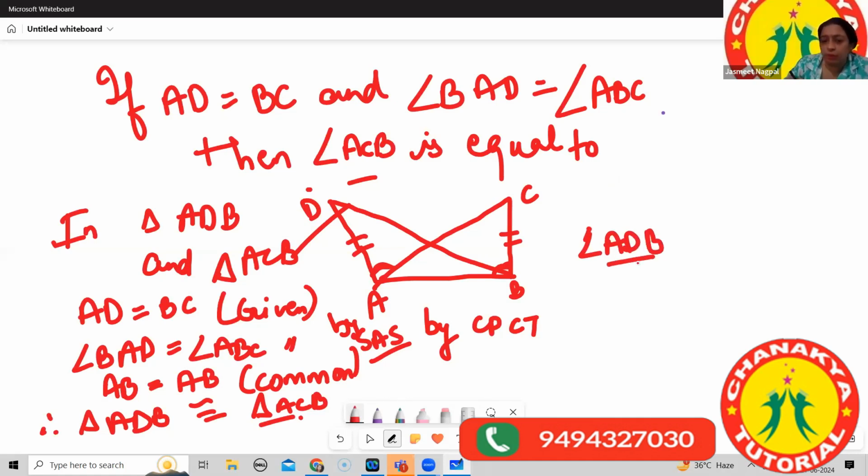So please be careful when you will do the sum of triangles. So you have to write all these steps with reason. Reason is very important, by using reason, by CPCT, by congruency, ASA, SAS. Okay, now revise this question, then we will leave.